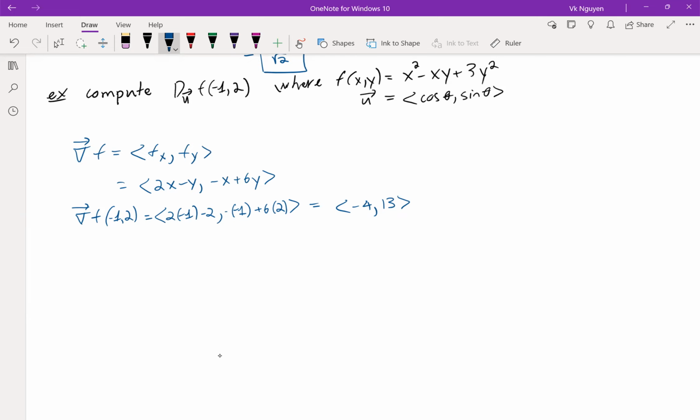Next one is going to be the unit vector. We already have the unit vector, but it is not in terms of cosine theta, sine theta now. We've got to figure out the angle theta here. So we know u is equal to (cosine theta, sine theta). Need to find theta. Can anybody give me what is the angle theta here? So we can do cosine and sine.